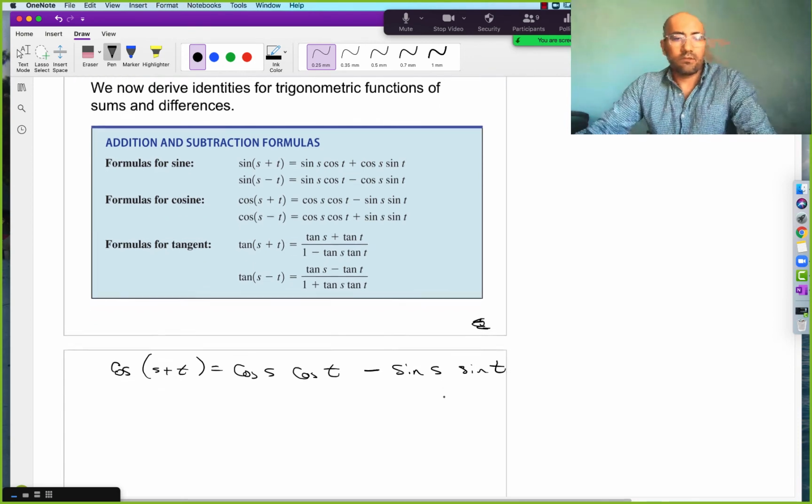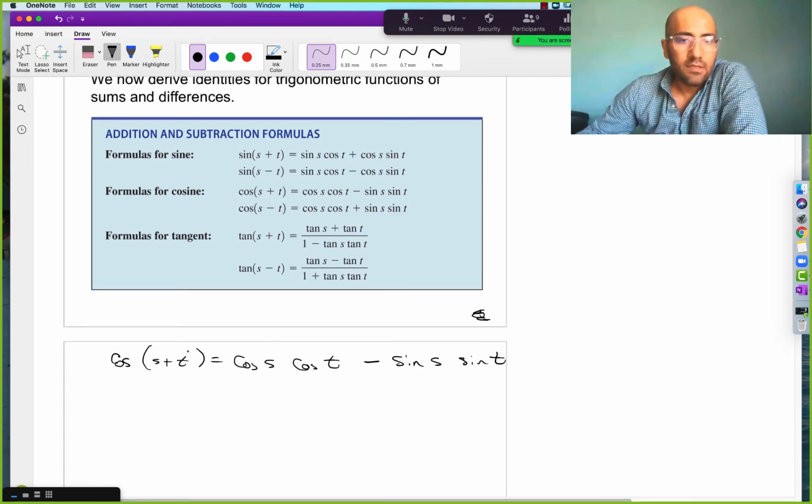Good. Now, personally, I don't like s and t. My s's look like 5s, and my t's look like plus symbols, especially with this cursor thing that keeps hiccuping, and then it doesn't look so good. So I'm just going to change it to another letter, if that's okay. So cosine of, I guess x and y, but they're kind of played out.